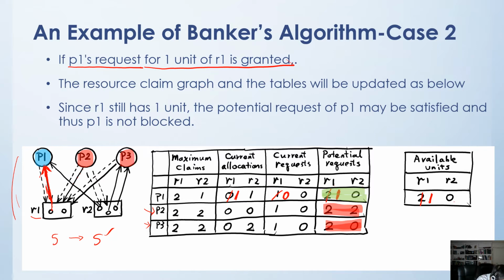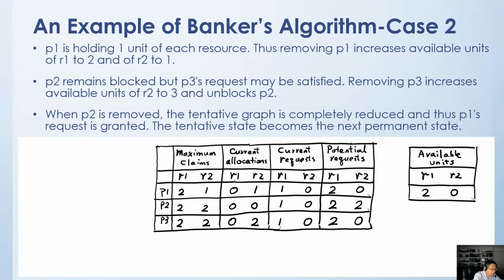So we grant this acquisition. Okay, so that means in case 2, when we grant P1 with 1 unit of resource 1, it will not lead to the deadlock state.